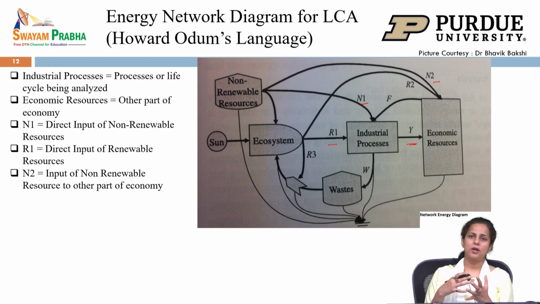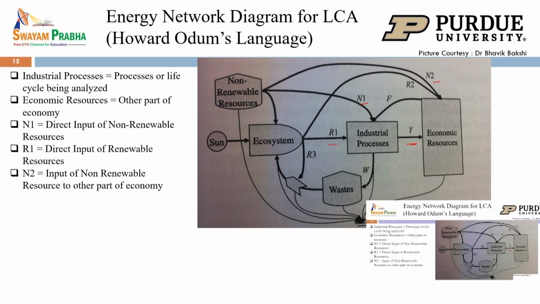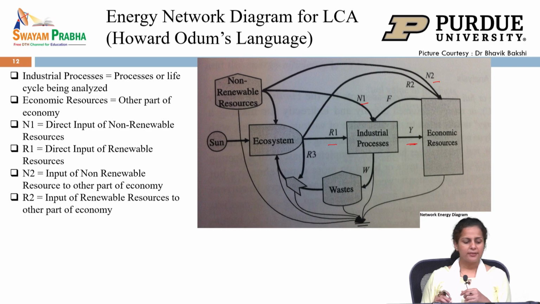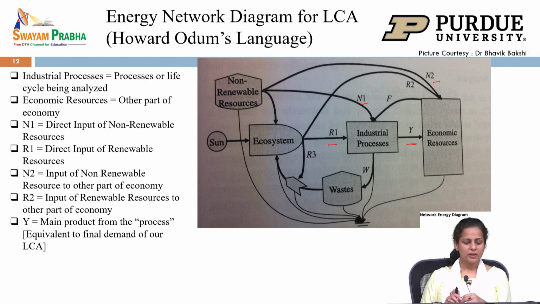So, remember that we are not modeling some part of the economy, and that is where other non-renewable energy resources are going. So, that is N2. And then we have R2, which is the input of the renewable resources. So, some of the renewable resources can also go to the economic system, which is not part of our study. And then Y is our main product from the process.